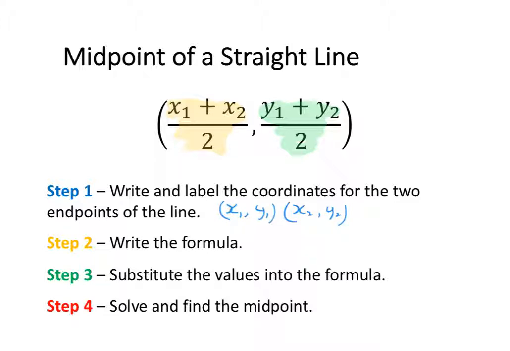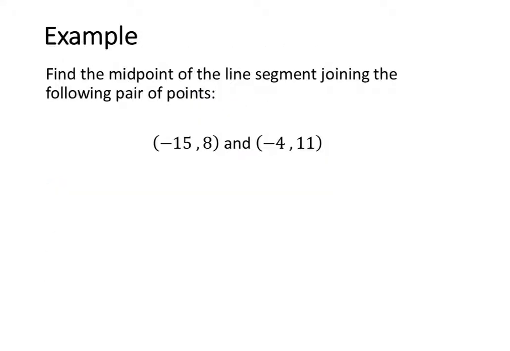So let's have a look at an example of how we find the midpoint of a linear line. In this example, we're going to find the midpoint of the line segment joining (-15, 8) and (-4, 11).